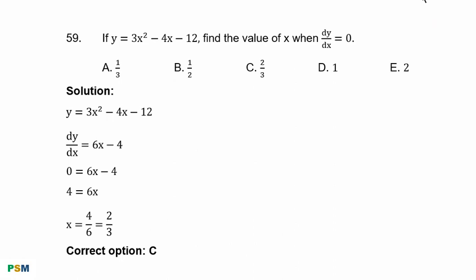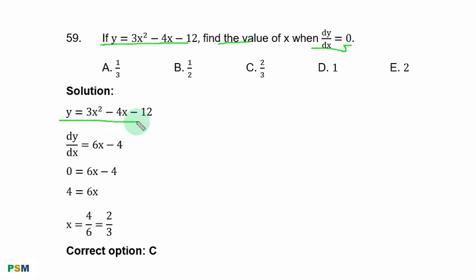Question 59. If y is equal to 3s squared minus 4s minus 12, find the value of s when dy/ds is equal to 0. You simply differentiate y with respect to s to get dy/ds. You have the given function.